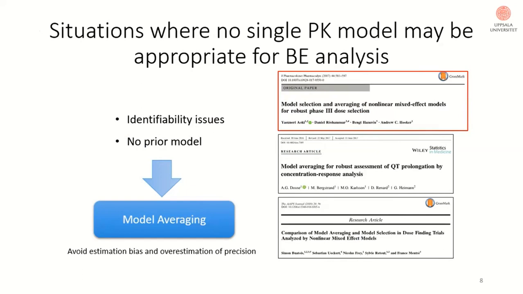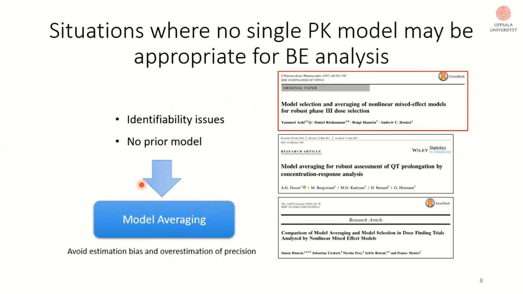So if we don't have that situation where we know the pharmacokinetic model that describes data well in a true study, or if the model that we actually have is non-identifiable, because we're running a simple crossover study, or maybe we don't have a prior model, then we need to do something more complicated. In the work we've been looking at here, we've been looking at model averaging as a way to account for this problem.